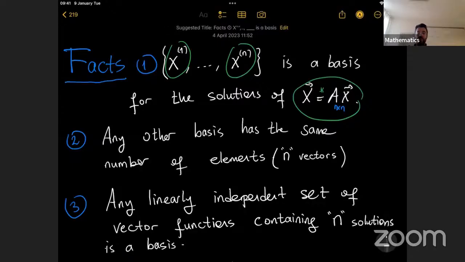Okay, so let's say you have a 3 by 3 system, and you have 3 vector functions which are linearly independent, and they are the solutions of the system. So it's a basis. So this is what it says. Okay.